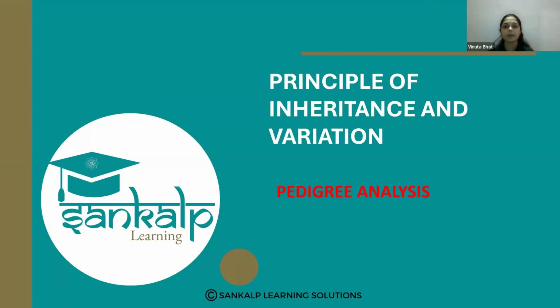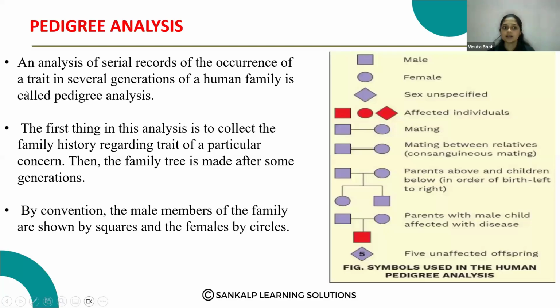Let's study pedigree analysis. What is pedigree analysis? An analysis of serial records of the occurrence of a trait over several generations of a human family is called pedigree analysis.